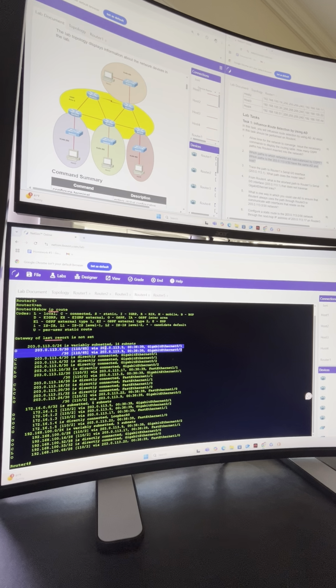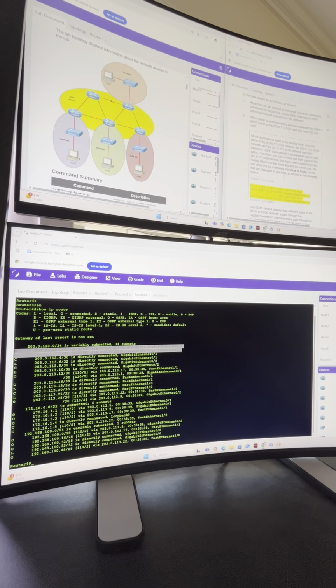Well, we can see that the 203.0.113.5 and 203.0.113.9 both have the same administrative distance of 110, and that is OSPF. And they both have the same metric of 65, which is the metric, okay? And that is the cost as well. So let's see what Boson is going to say.